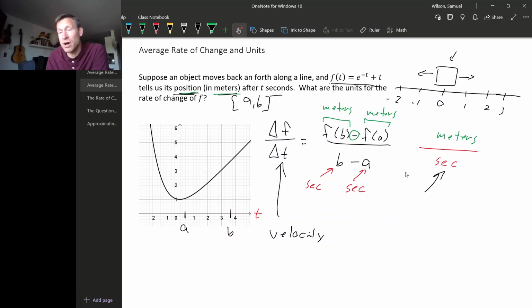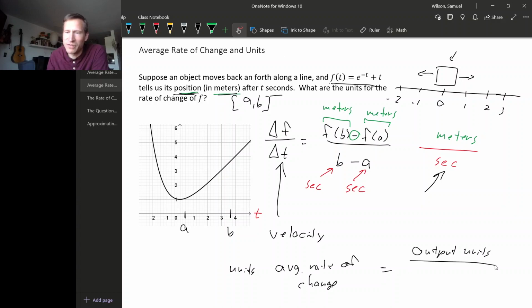But in fact, this is a more general phenomenon. No matter what the units for your inputs and outputs are, the units for average rate of change are always output units, meters in this example, divided by input units, seconds in this example.